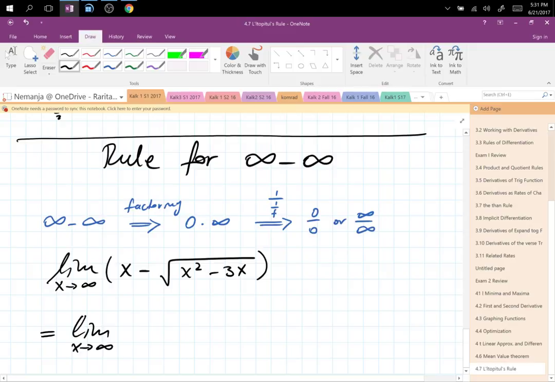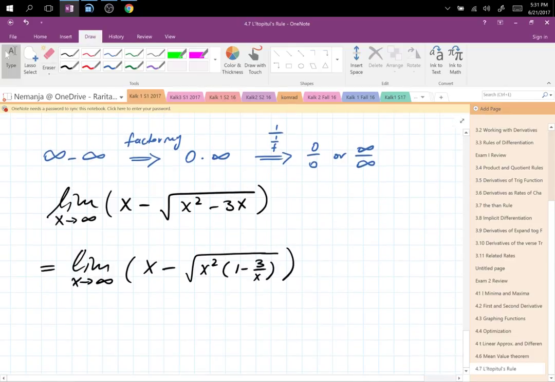So we are going to first try and factor out x squared from the square root, which gives us 1 over 1 minus 3x left as you take out x squared. So this is all algebra now. When you factor out x squared out of x squared, you get 1.